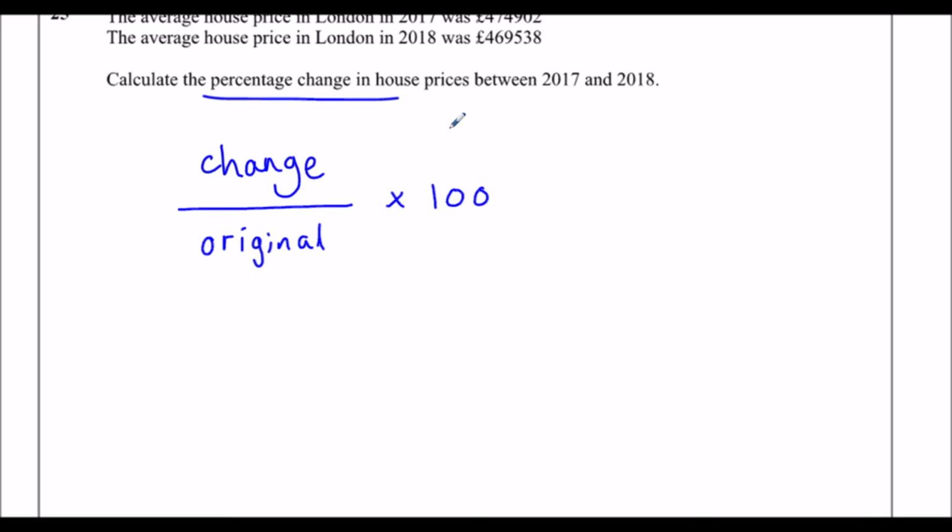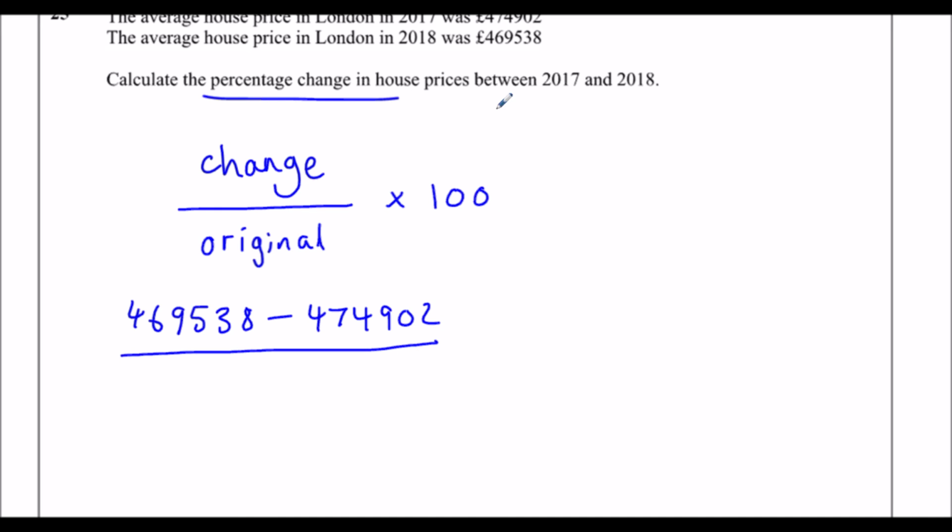Let's do it in one step. So we're going to do 469,538 take away 474,902. That's the change over the original, which was 474,902, times 100. And we're just going to type this in the calculator.